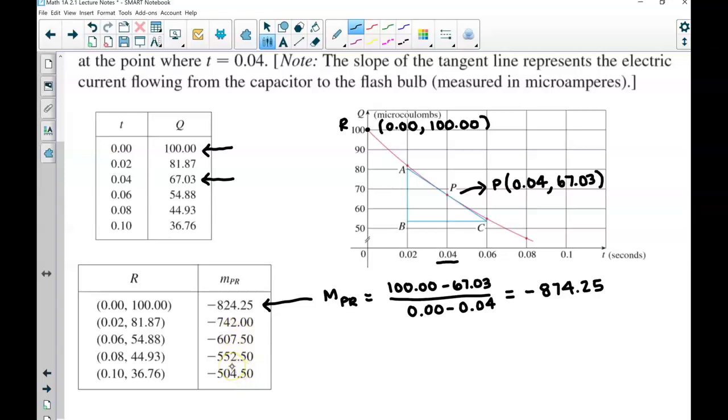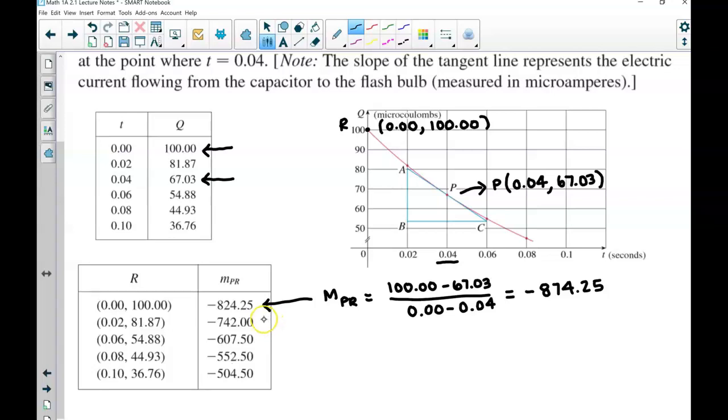Okay, but what we want to do is that the table at the left shows the results of those similar calculations for the slopes of the other secant lines. From this table, we would expect the slope of the tangent line at t is equal to 0.04 to be somewhere in between negative 742 and negative 607.50.